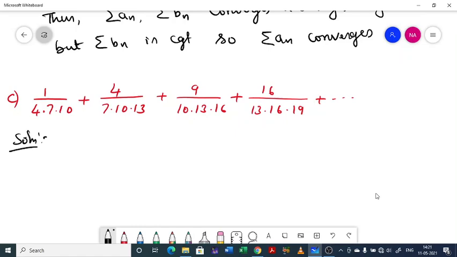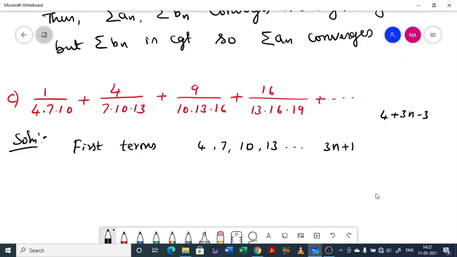So the denominator terms will be having first terms 4, 7, 10, 13. It will be 4 plus common difference is 3. So 3n minus 3, so it is 3n plus 1.